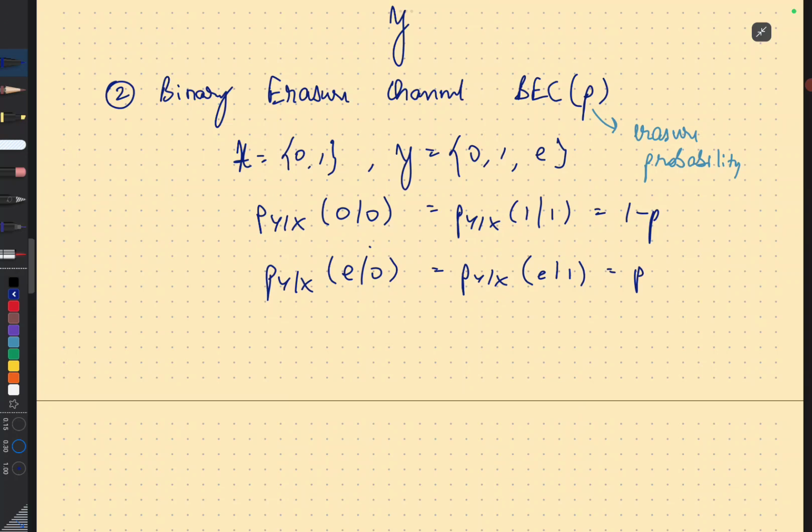Now, in this particular channel, if you transmit a 0, you will never receive a 1. You will either receive 0 or you will receive erasure. If you transmit a 1, then you will either receive 1 or you will receive erasure. You will never receive 0.